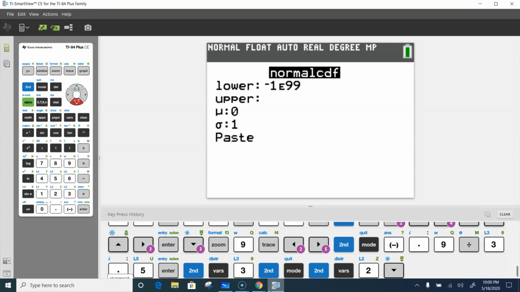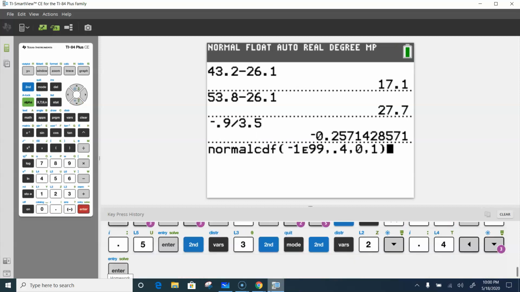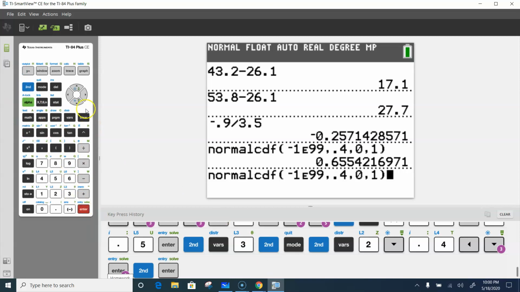So for the first one, my upper limit was 0.4. Mean and standard deviation are 0 and 1 respectively. So that percentile is going to be 0.655 or 65th. Now if we just use our shortcut, second enter, all we need to keep doing here is changing the upper limit. So I'm going to use my insert button here, second insert, to insert a negative sign.